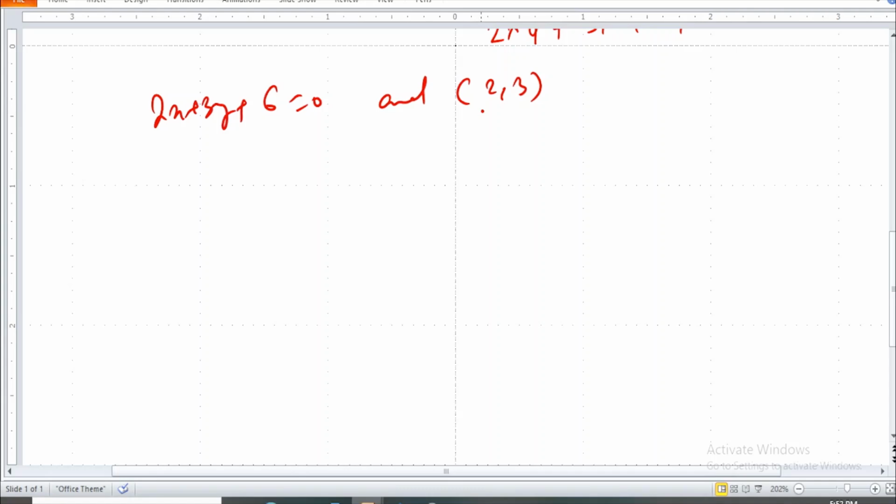Now what is the perpendicular distance of the point from the line, right? So replace, same procedure, just one more thing to add, which we'll see, right? So replace x with 2, y with 3, and plus 6, right?